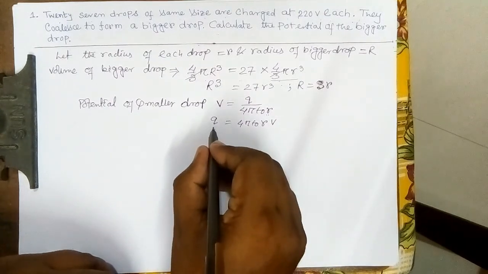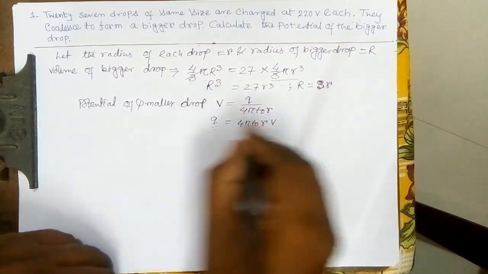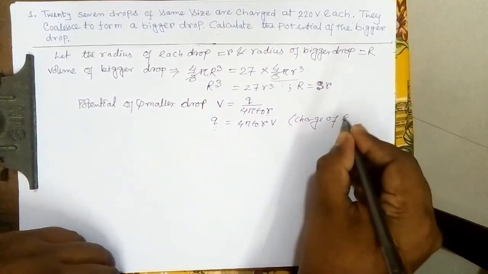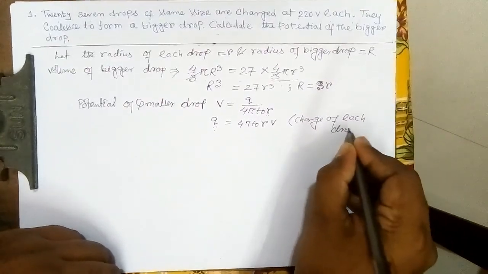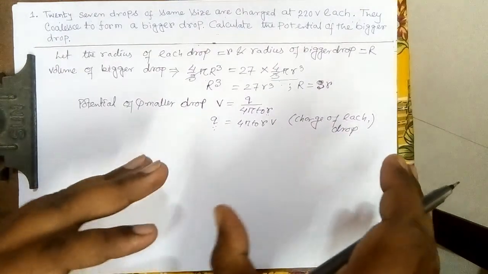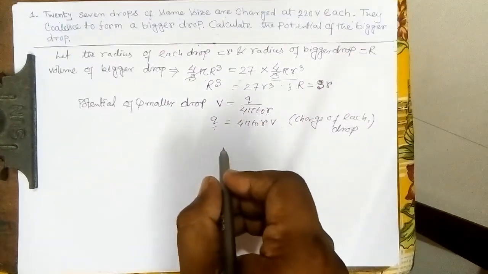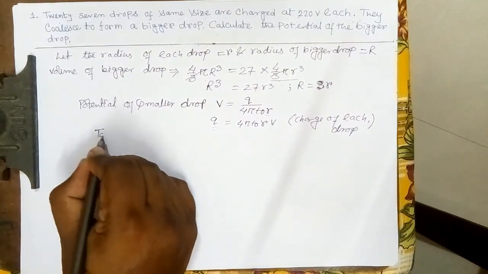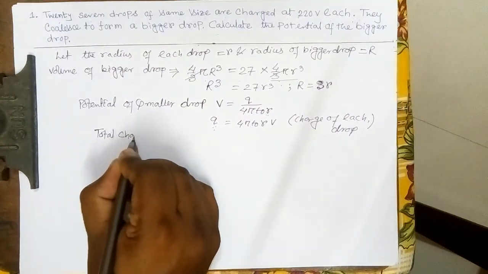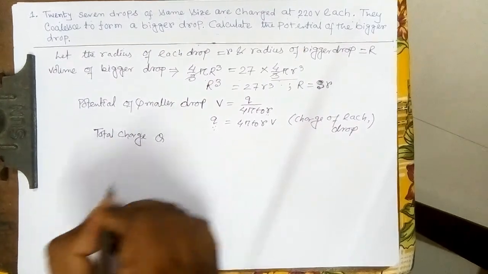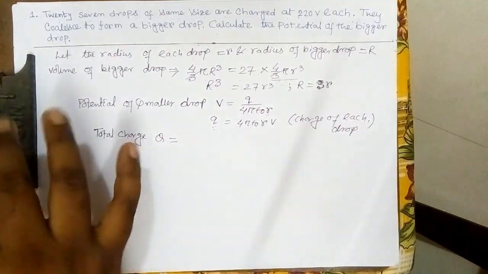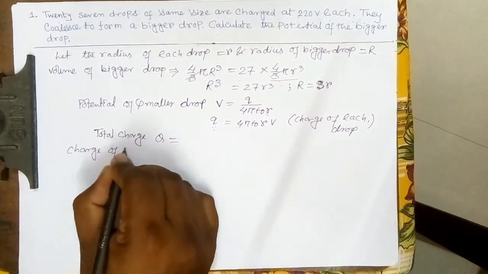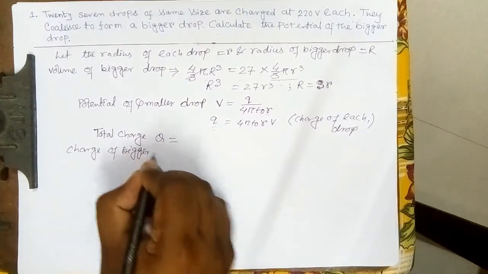What is Q? This Q should be taken as the charge of each drop. Their charge is Q, that is what we are assuming here. And we know the total charge, capital Q, means the charge of the bigger drop. Capital Q is basically the charge of the bigger drop.